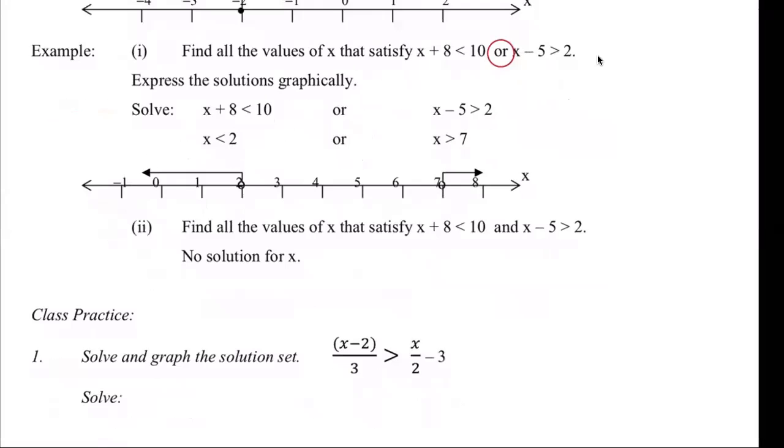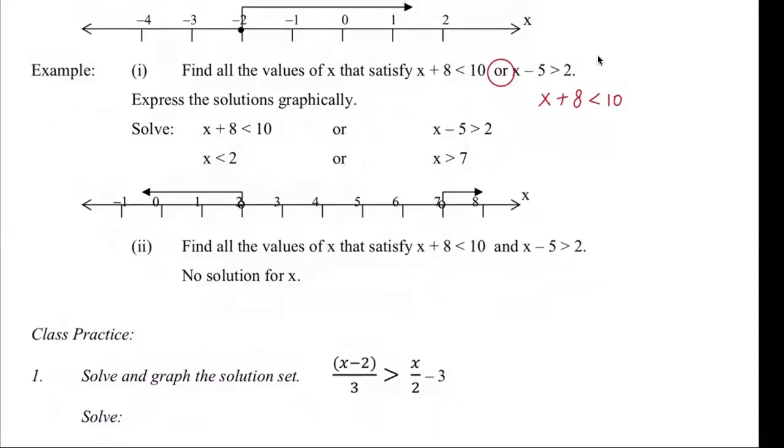So the first one, x plus 8 is smaller than 10. We know that if we add or subtract any real number to or from both sides of the inequality, the sign doesn't change, right?